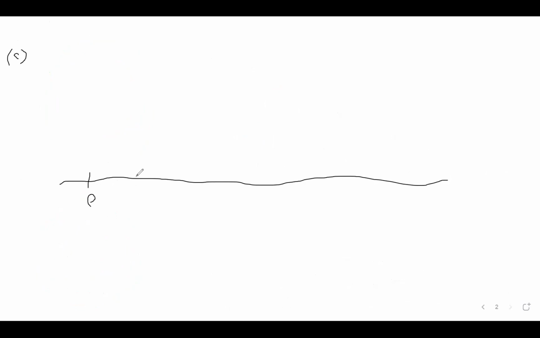So when you have 0, 1, 2, 3, 4, 5, 6, 7, 8, 9, 10, and so this is the limit. Okay, so it's the limit of the probability histograms.